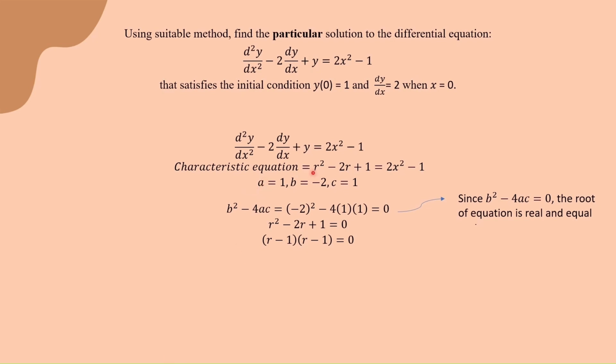So we substitute this into the b squared minus 4ac equation, and since b squared minus 4ac is equal to 0, the roots of the equation are real and equal, and the root will be r equal to 1. So we will get the general equation yc equals (c1 plus c2x) e to the power of x.